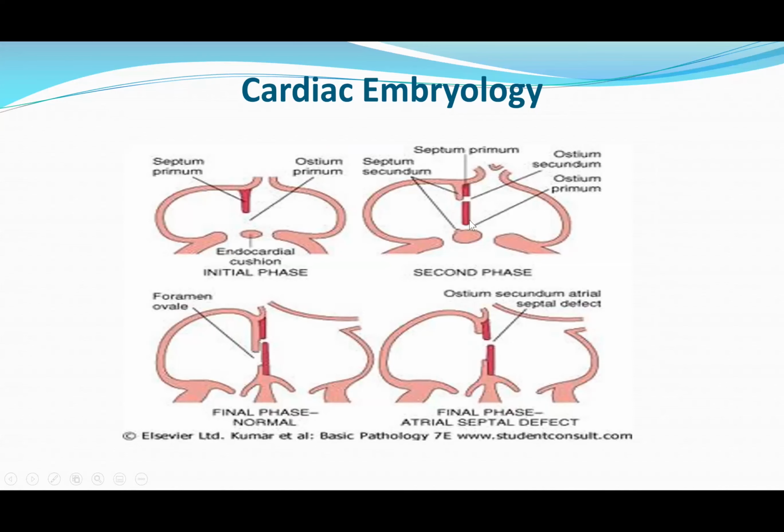They don't fuse, they sort of overlap each other and leave a hole between them called a fossa ovalis or foramen ovale, which is to allow blood to be shunted from the right side, the bottom part of the body, across the fossa ovalis to the left side, because blood on the right side, which normally should go to the lungs are a dead space inside the womb. There's no reason for blood to go there.